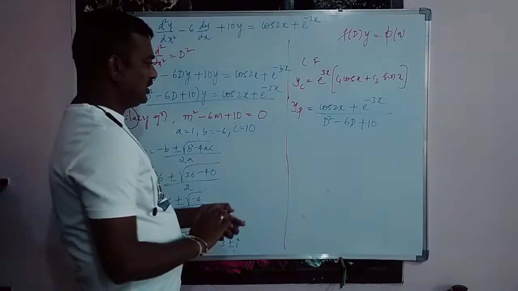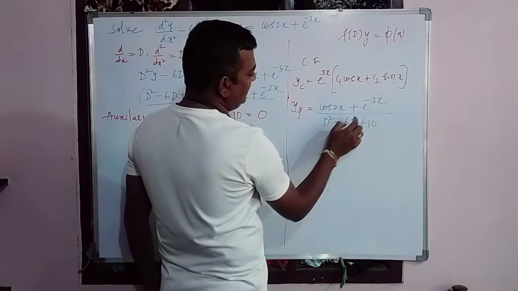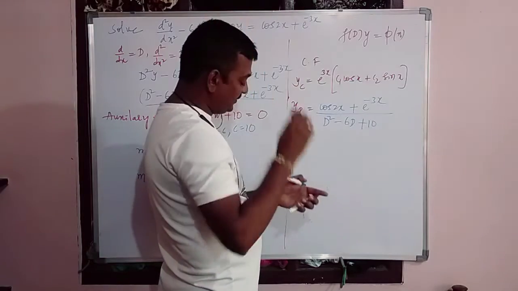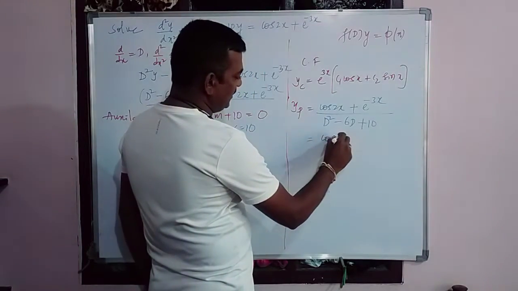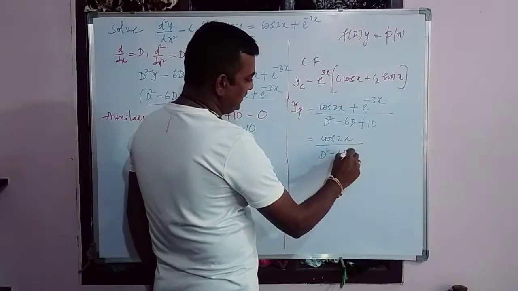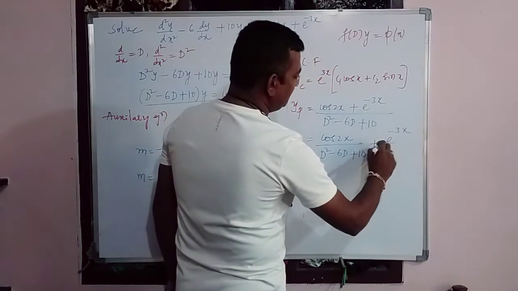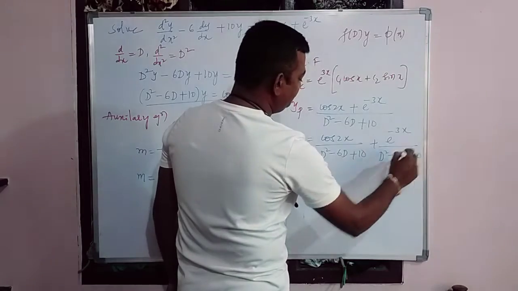Because this is cos 2x by a function of D plus exponential by a function of D, here you have two types of examples. I am writing them separately first: cos 2x divided by D square minus 6D plus 10 plus e raised to minus 3x divided by D square minus 6D plus 10.